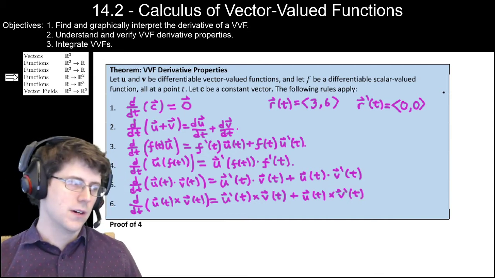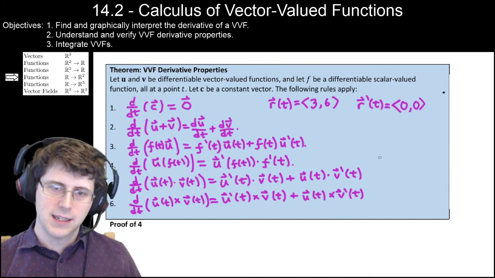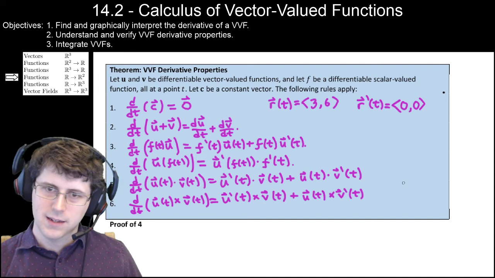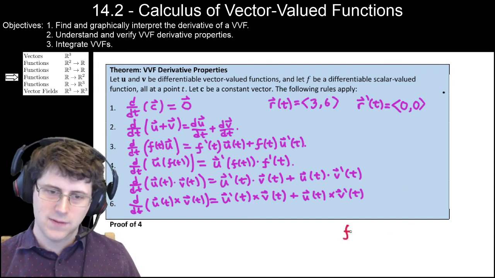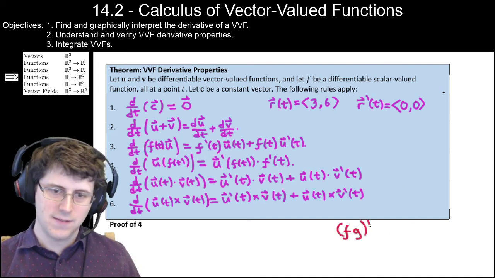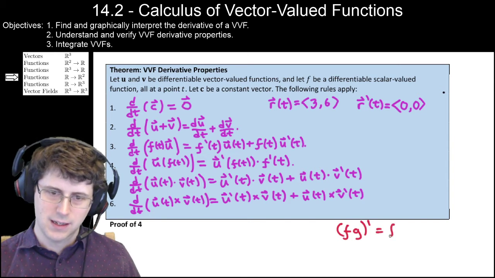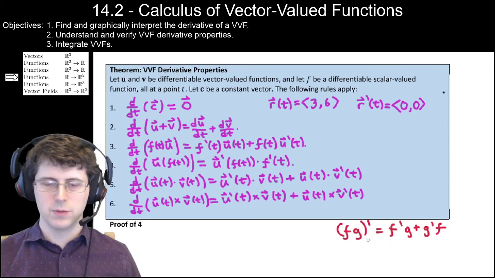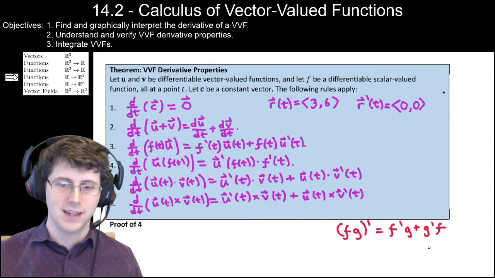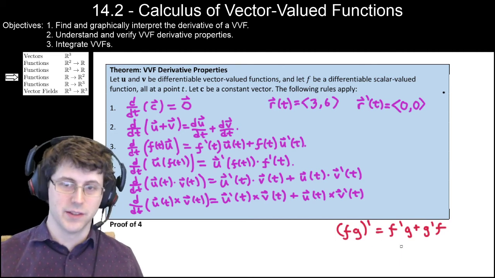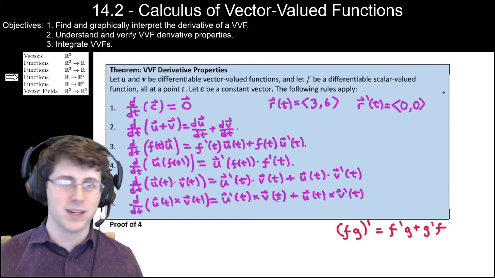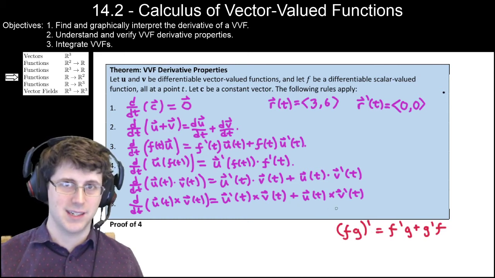What's the wrong way to learn it? I mean, it's not wrong, but if you learned your product rule as f g prime is f prime g plus g prime f, this is a true product rule for real-valued functions, but it is an unfortunate order to learn it in, because this rule doesn't work anymore if you're talking about cross products.